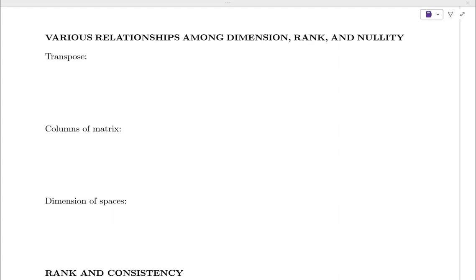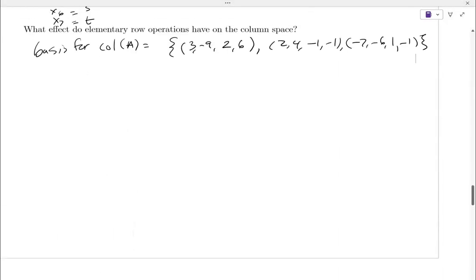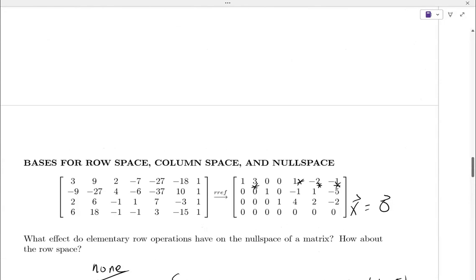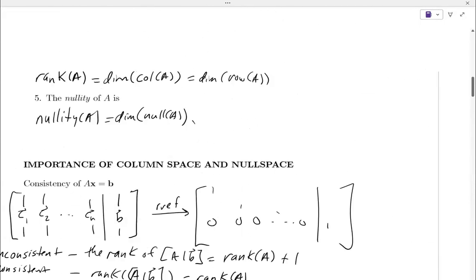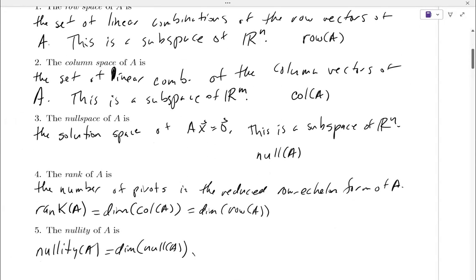Well, let's continue our discussion with row space, column space, null space stuff. Last time we talked about the different definitions. Remember, row space was the subspace of Rn that we formed by considering the rows as vectors and looking at the set of all linear combinations of the rows.